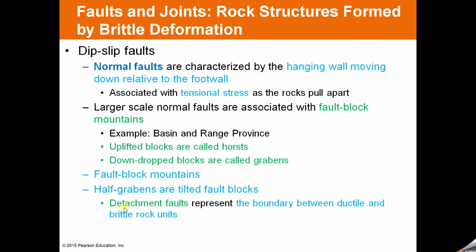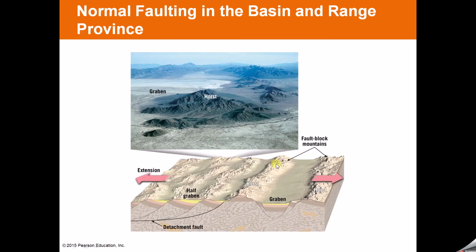And then we have another feature we call detachment faults, which represent the boundary between ductile and brittle rock units. We'll look at the figure and find them. If we look at this figure here, we have parts that pushed up and parts that dropped down. And these are all normal faults. So this is a graben, and this is the horst. Graben, horst. This is a half graben, by the way. But this is a full fault block mountain. It has a graben and two horsts at the side.